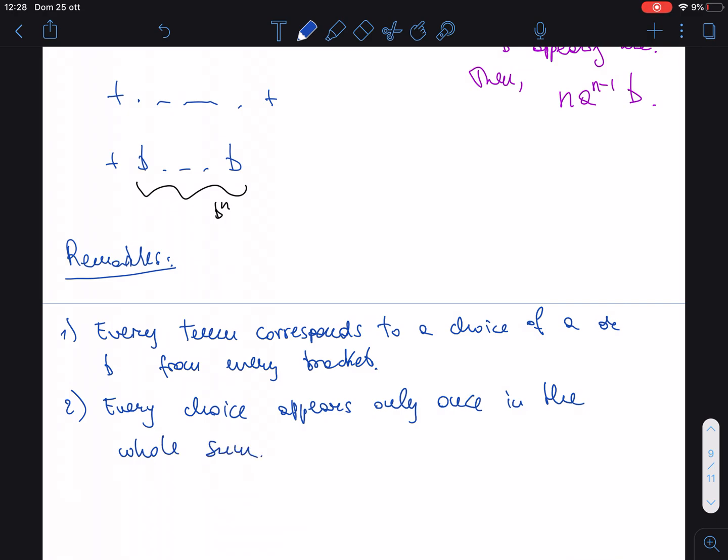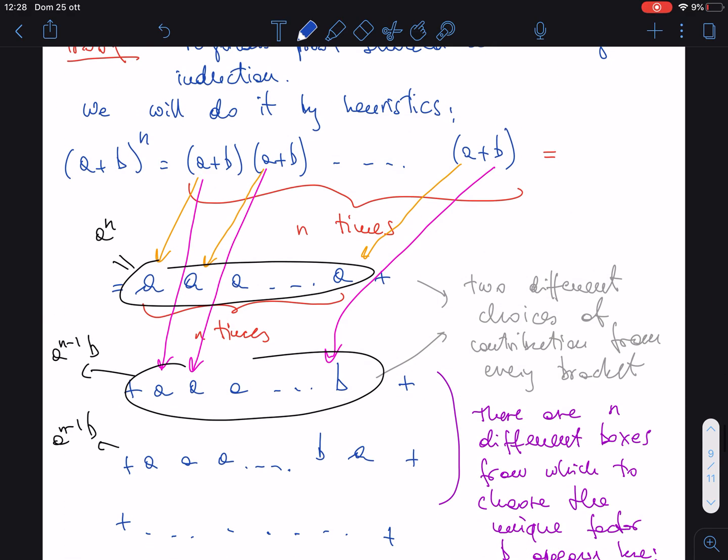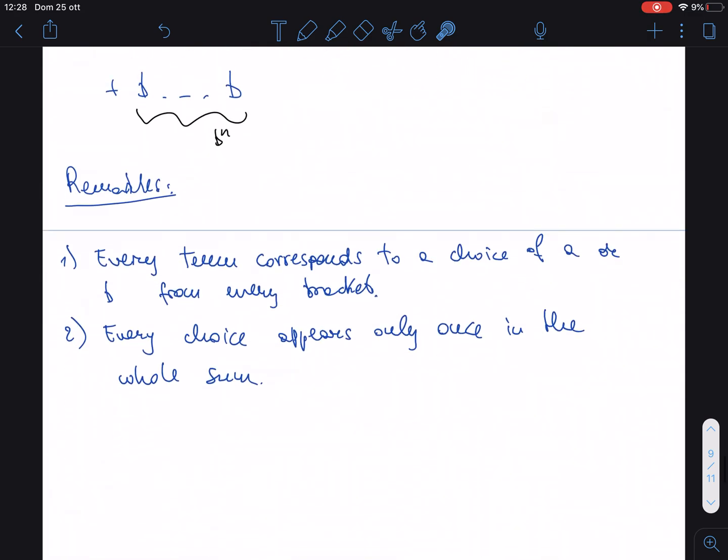Of course, there are different choices that give you the same term, like here, two different choices that give you the term A to the power n-1 times B here, A to the power n-1 times B here. It depends from where we choose the B. Okay, every choice appears only once in the whole sum.